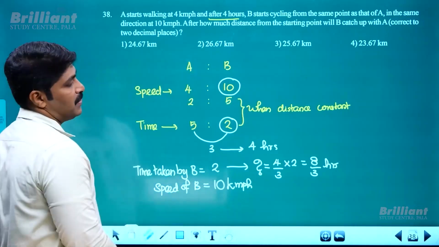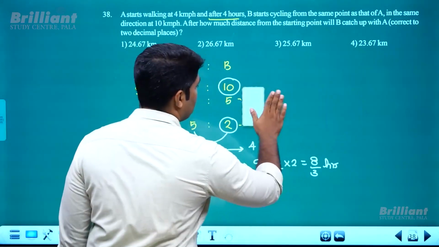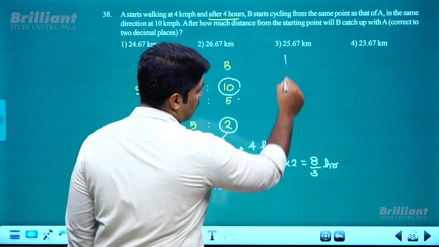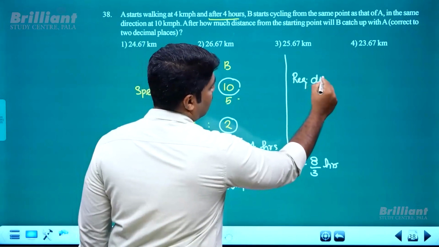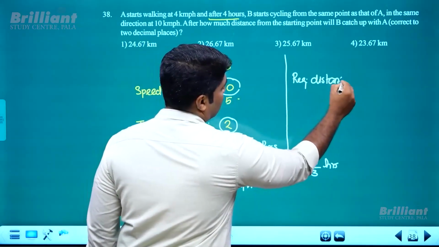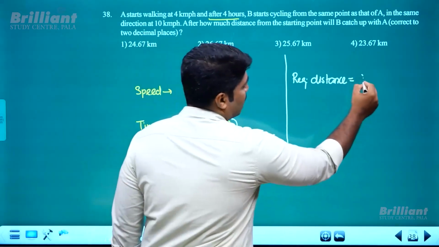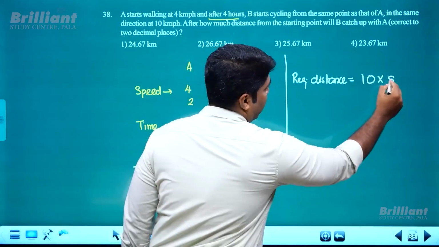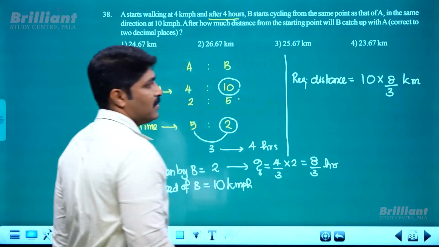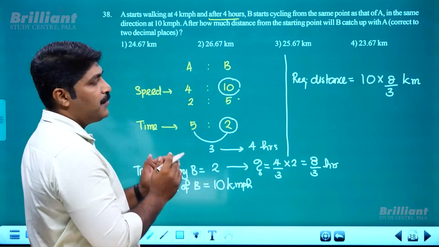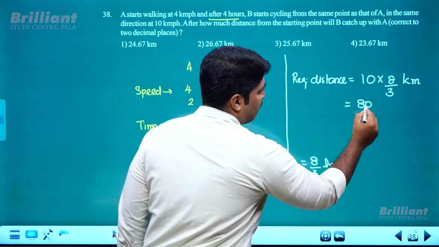What is the required distance here? The required distance is speed 10 km per hour and time 8 by 3 hours. Speed into time is the distance. Here that is 10 into 8 by 3. What is 10 into 8 by 3? That is 80 by 3.